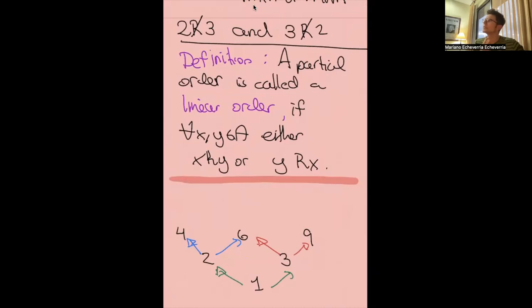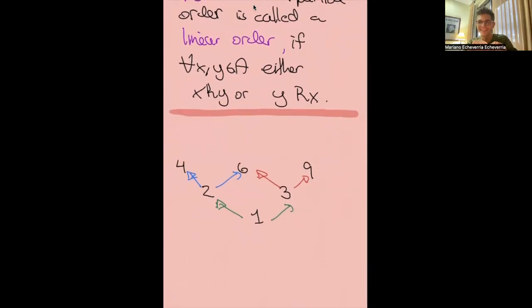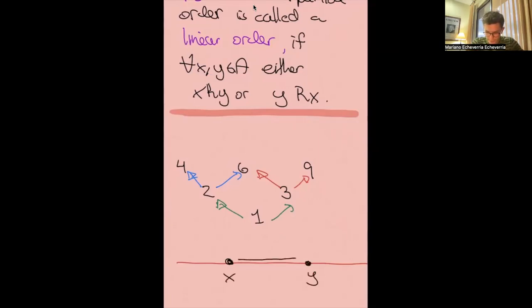So if you think about representing diagrammatically this ordering relation on the integers under division, there's no way to arrange them on a line, right? Because that's what you would do if you had this linear ordering property, when you're talking about less or equal than. When you have x and y on the real line, you can just put them on the line and draw the arrow this way.